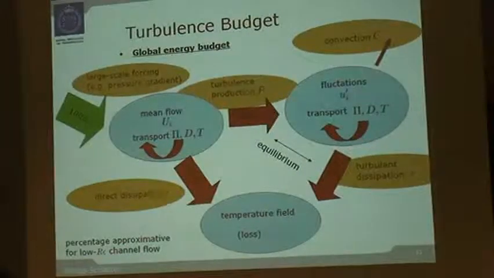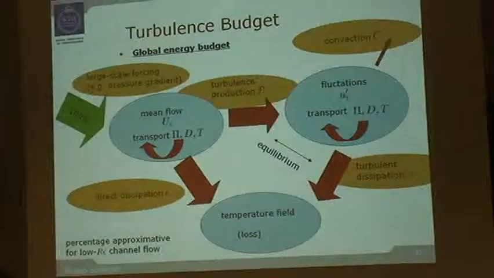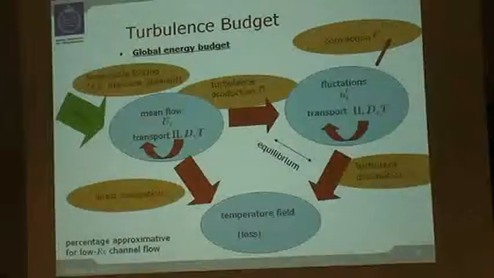And then down here we have something that we call the temperature field. For our consideration in incompressible flow, this essentially just counts as losses. So energy is flowing there and never to be seen again. So we have these three blue circles.